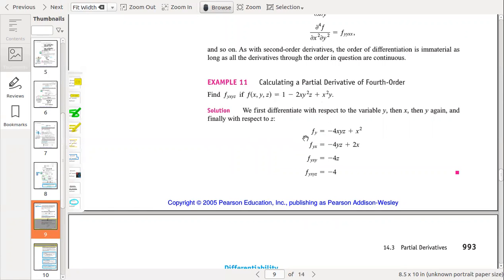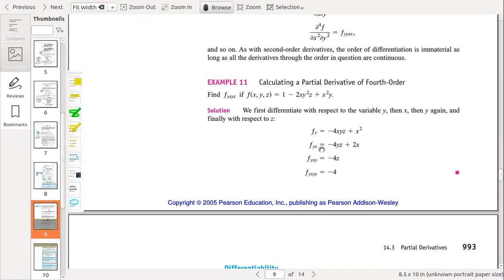And then partial f over partial x we have applied on the first one. So in partial f over partial x, we have taken the derivative of x here, but y and z are considered as constants.